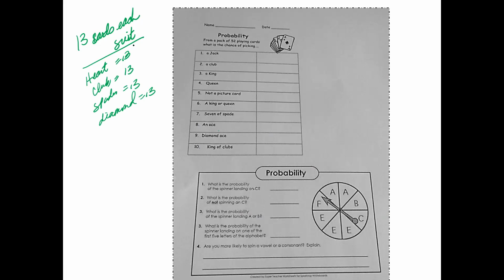Within these 13, you have numbers 1 to 10, Jack, Queen, King, which makes 13.